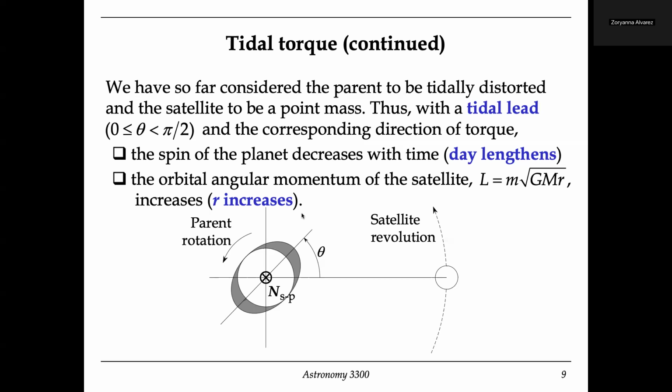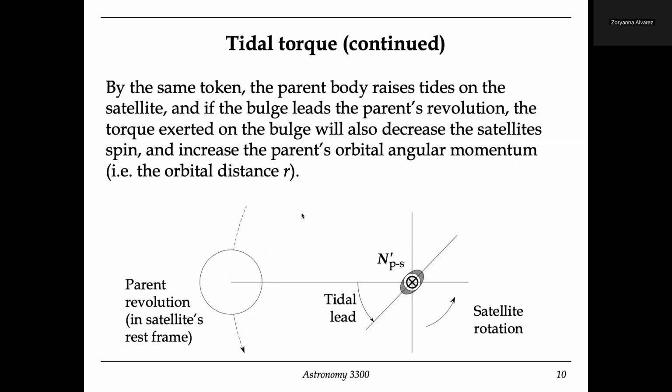okay, let's do one more thing. Let's make sure that that makes sense. This is looking at the revolution from the satellite's frame of reference, recognizing, of course, that there are tidal bulges on the satellite as well.